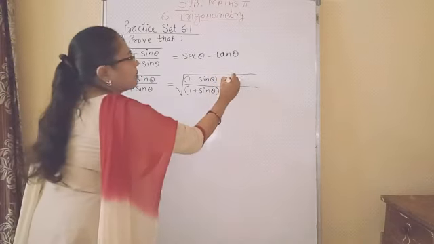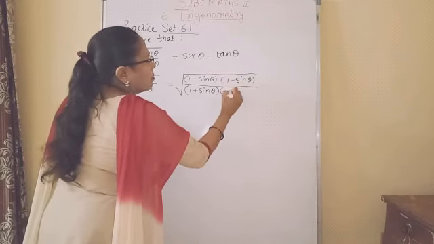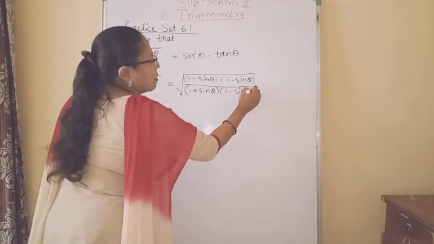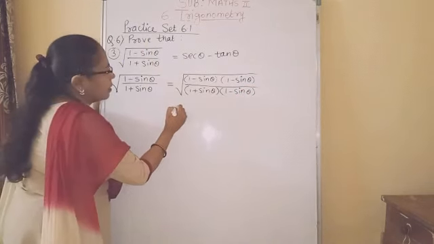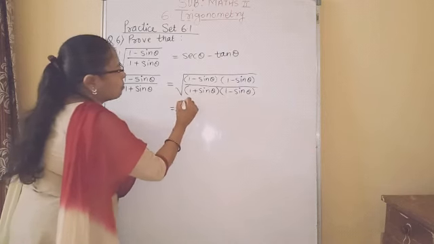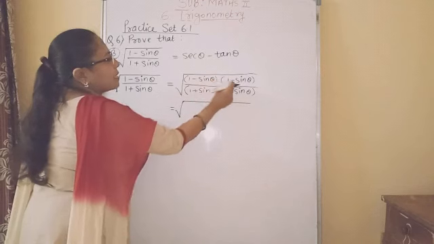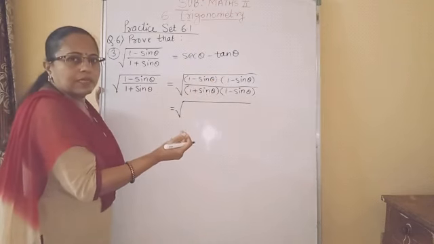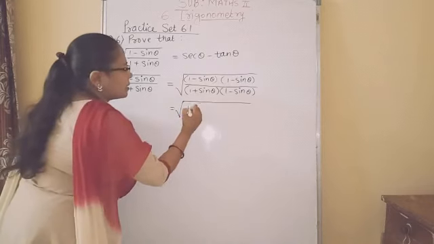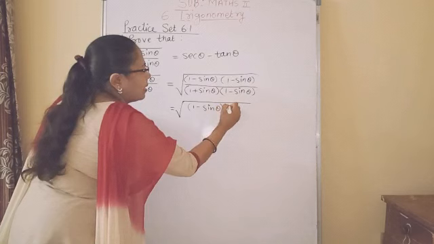So here multiplied by 1 minus sin theta upon 1 minus sin theta. Follow this step. Equal to square root of 1 minus sin theta into 1 minus sin theta. The same bracket came 2 times. That means it is the square of 1 minus sin theta. 1 minus sin theta bracket square.